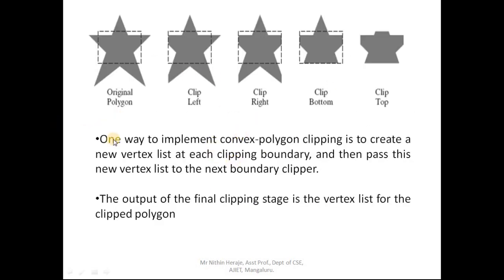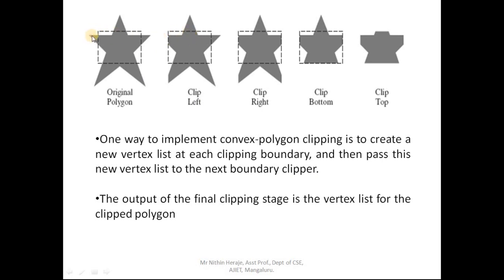The third point: one way to implement convex polygon clipping is to create a new vertex list at each clipping boundary and then pass this new vertex list to the next boundary clipper. If you look at these images, you have a portion like this.